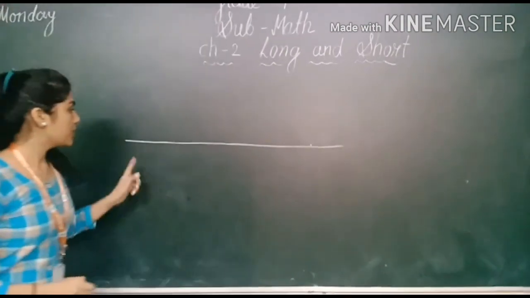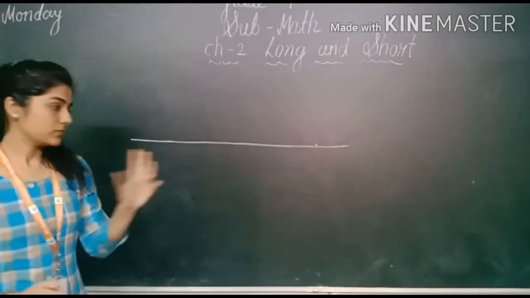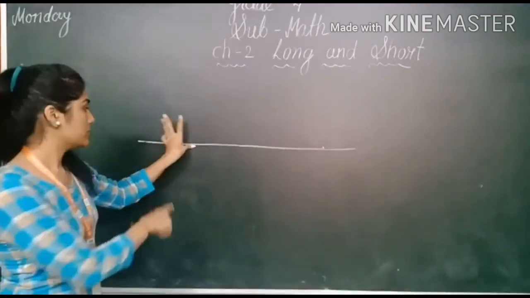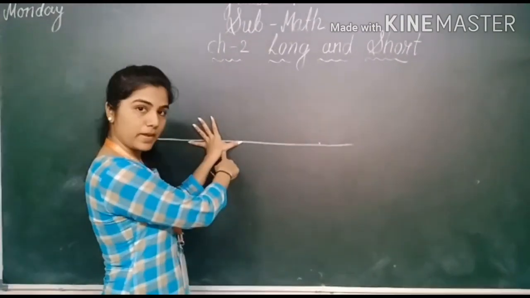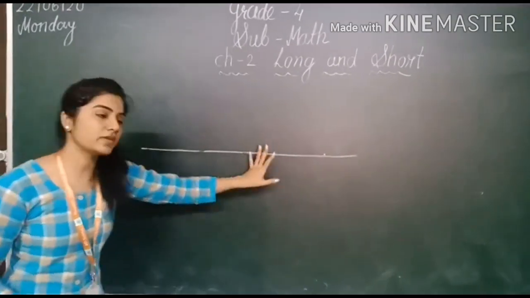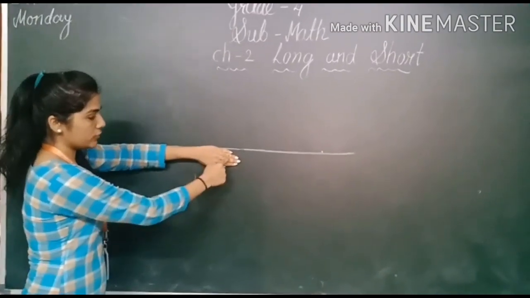Now to measure this line I am using my hand span. Suppose this is one span, this is two span, this is three span, and also we can use cubit. This is called 1 cubit.